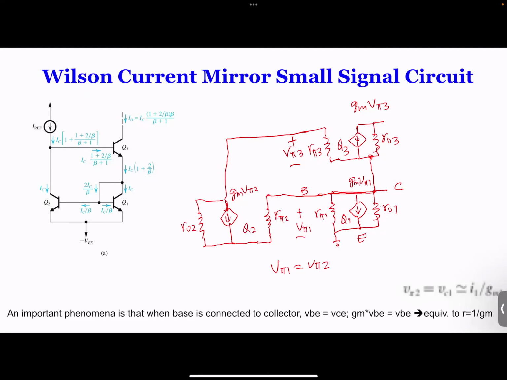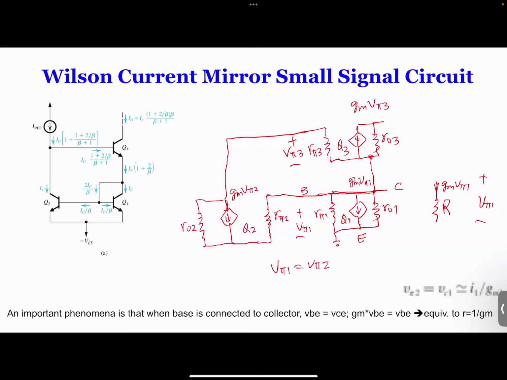See, this is GM times V pi 1. And where is V pi 1? V pi 1 is from here to here. Well, this is the ground. So which means from here to here is V pi 1. So if I look at a resistor, let me call this resistor just the capital R, and I have current flowing, which is GM times V pi 1, how much voltage would I get on this resistor?